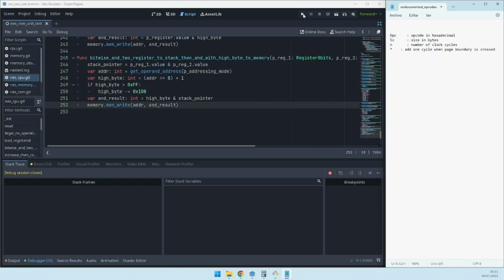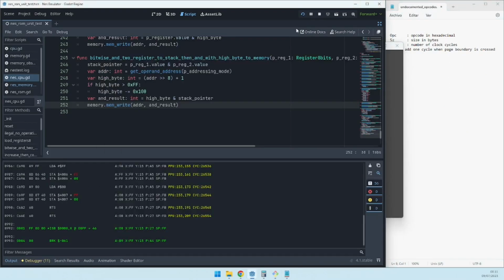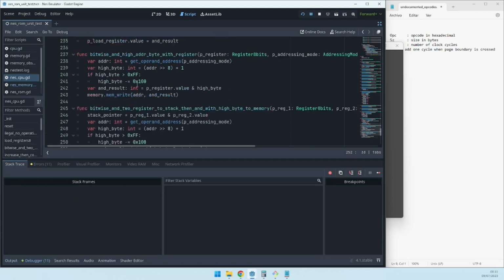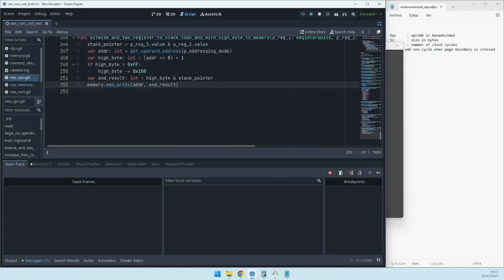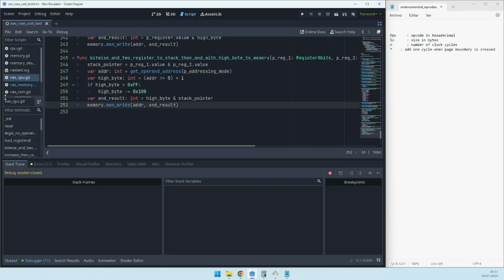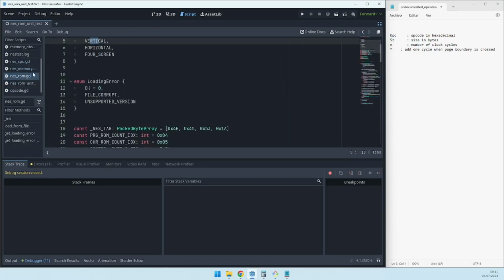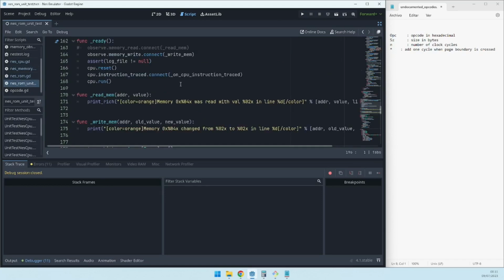So with that, pause. And I guess I will put some breakpoint somewhere.